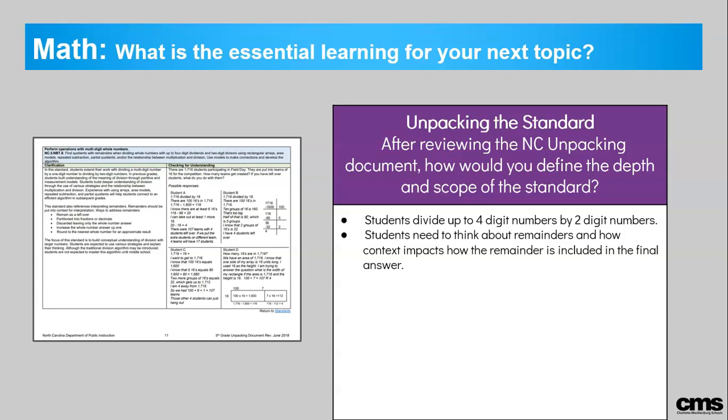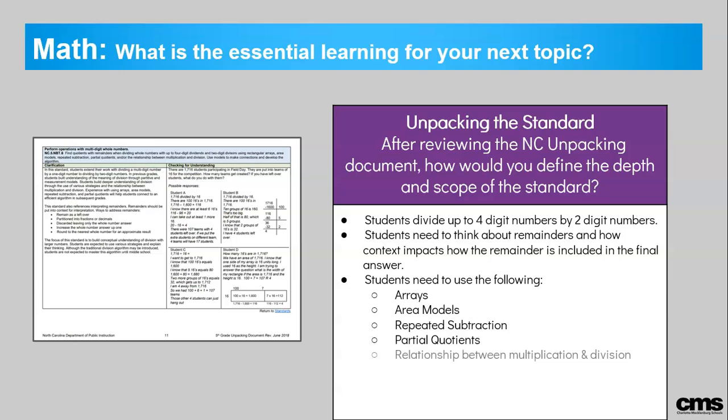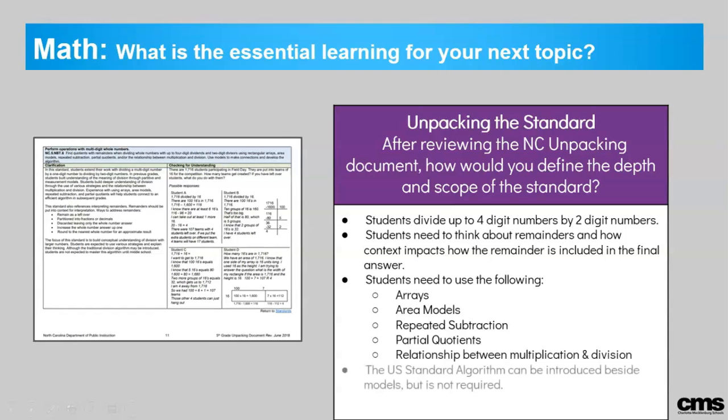Students need to think about remainders and how context impacts how the remainder is included in the final answer. Students need to use the following: arrays, area models, repeated subtraction, partial quotients, the relationship between multiplication and division, and the U.S. standard algorithm can be introduced beside models, but it is not required.